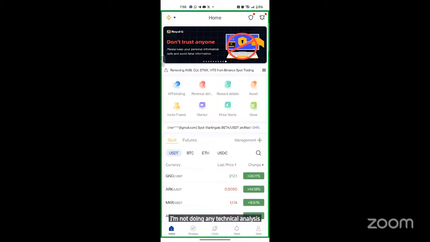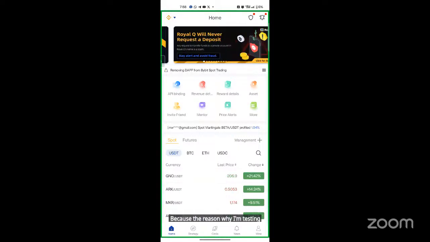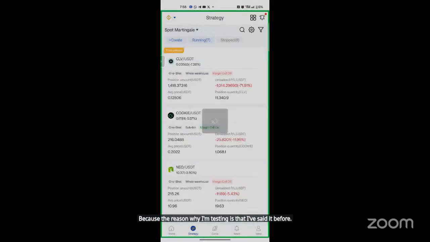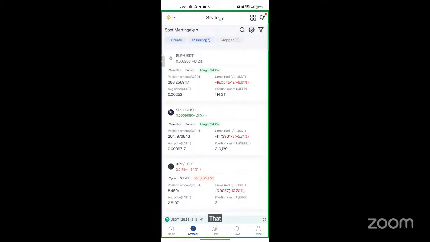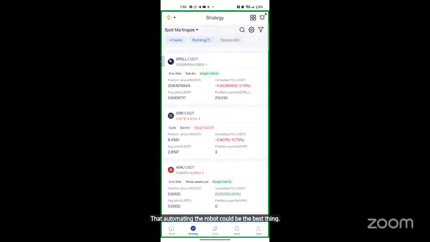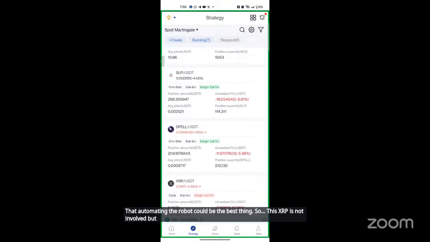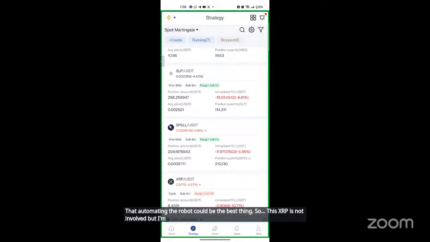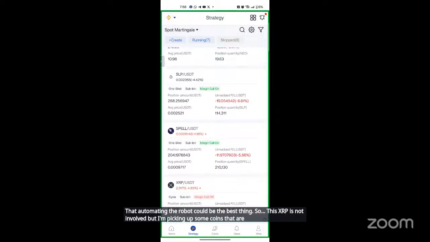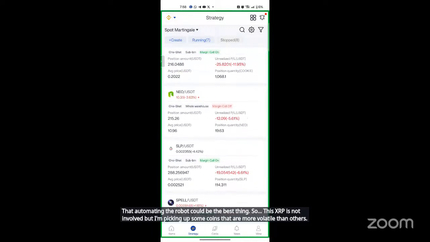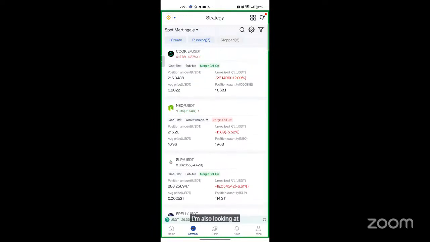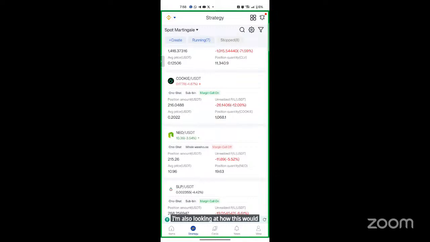I am testing, because I have said before that automating the robot could be the best thing. This XRP is not involved, but I'm picking up some coins that are more volatile than others. I'm also looking at how this would generally work out.